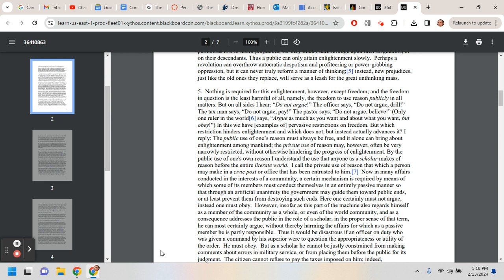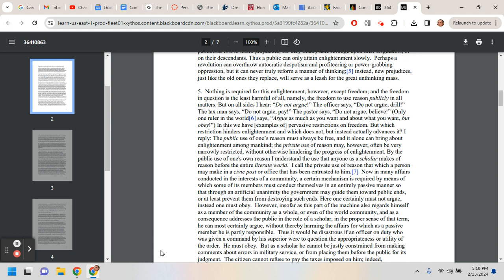And I think Kant's idea is the person who serves as a representative of that institution does not have complete freedom to express their opinions, at least when they're in that role of being a representative of the institution. And by institution, I mean a church, maybe even a government bureaucracy of some sort.